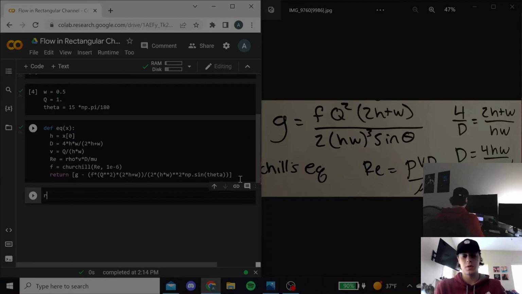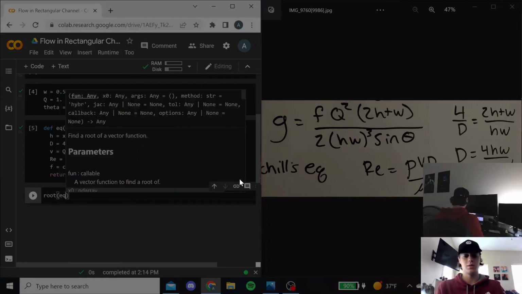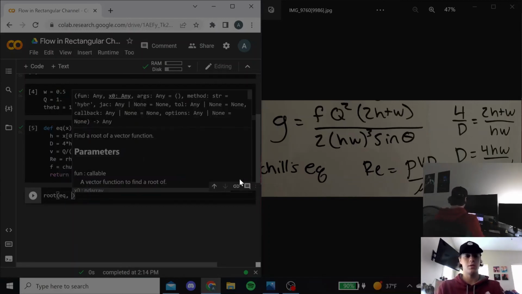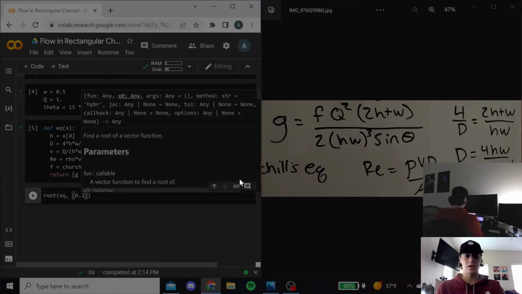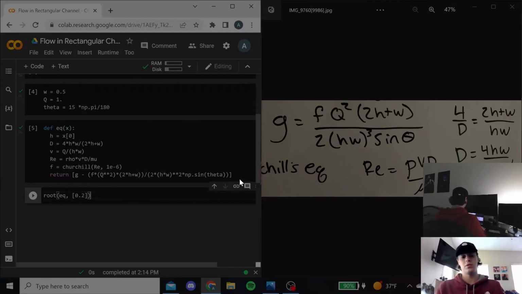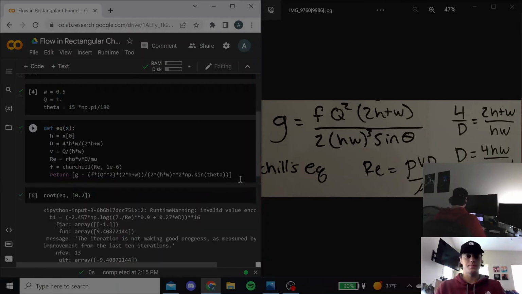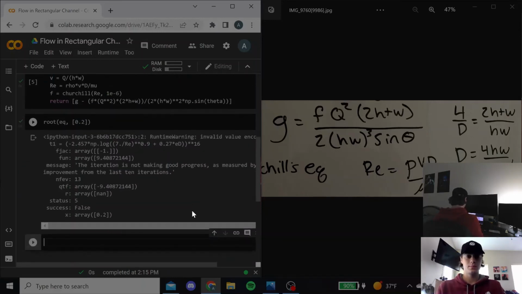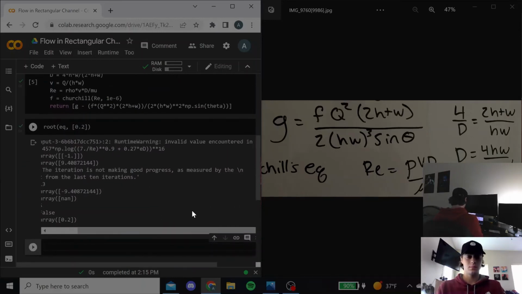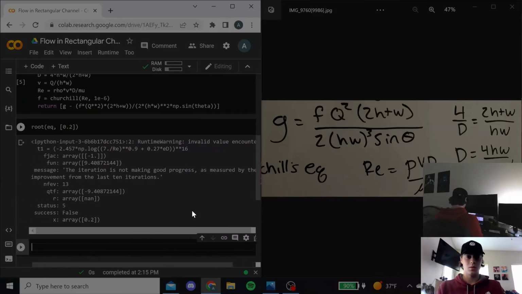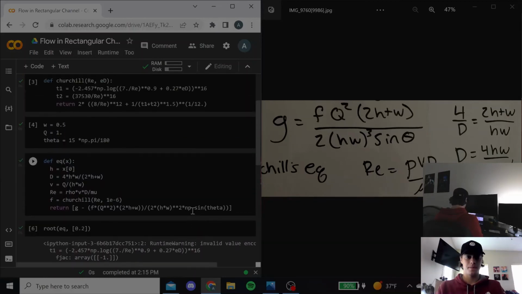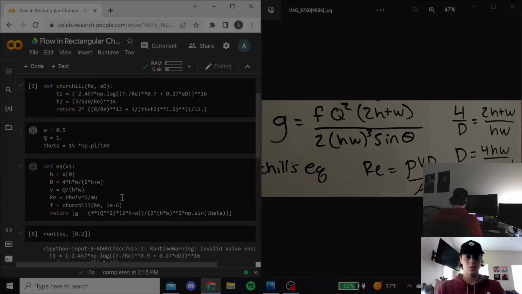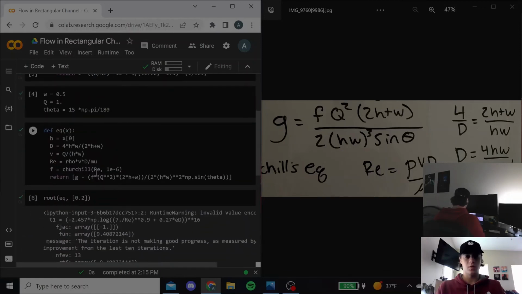All we need to do is implement this into the root solver. We'll pass the function that we wrote, eq, and then pass an initial guess, which I'm just going to guess 0.2. I got some error. Let me double check to make sure that I have this equation written properly.